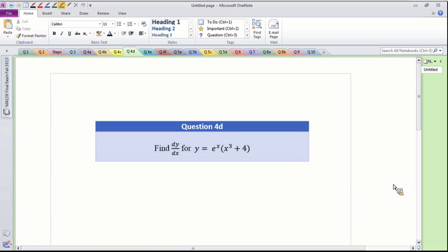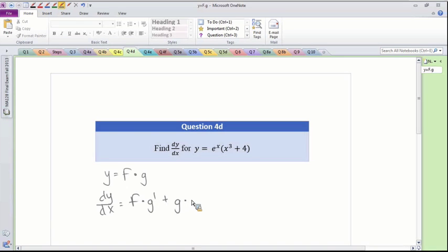So we have to use the product rule when finding the derivative. If y is equal to f times g, then y prime, or we'll use dy dx because they did use dy dx, is equal to f times g prime plus g times f prime.